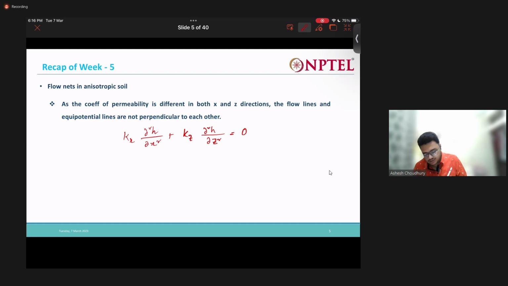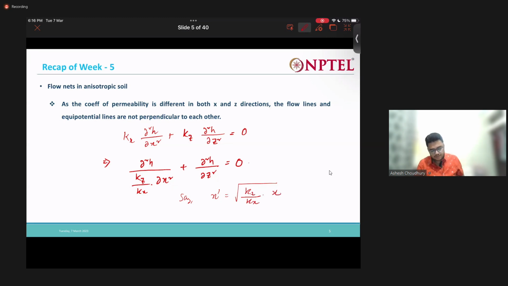So what we can do is write this as ∂²h/∂z² by kz/kx ∂²h/∂x² plus ... equal to 0. Now say we take x' as a new x, written as sqrt(kz/kx) into x.